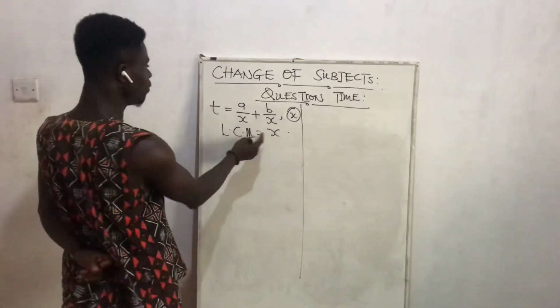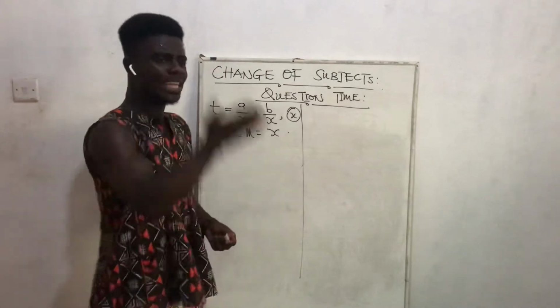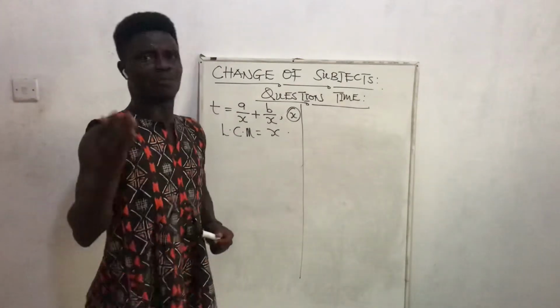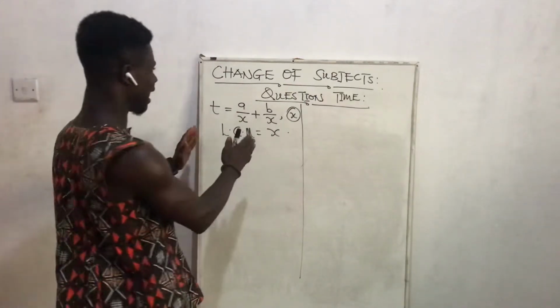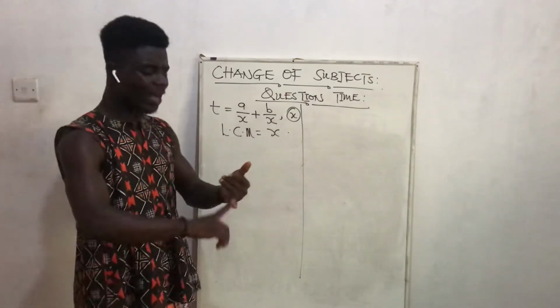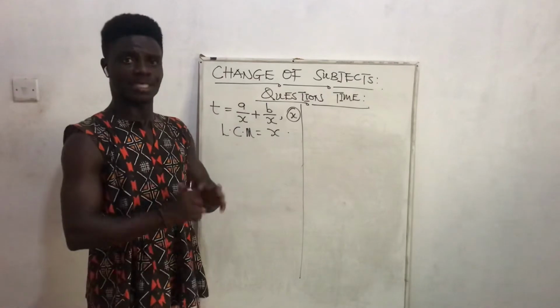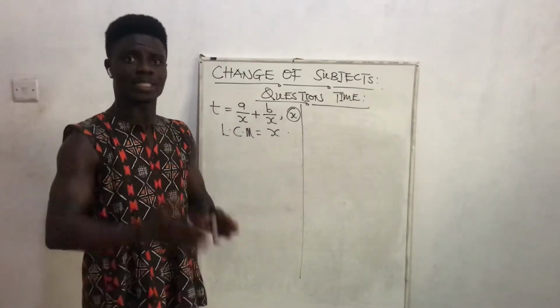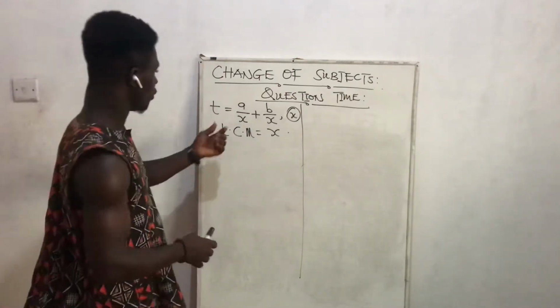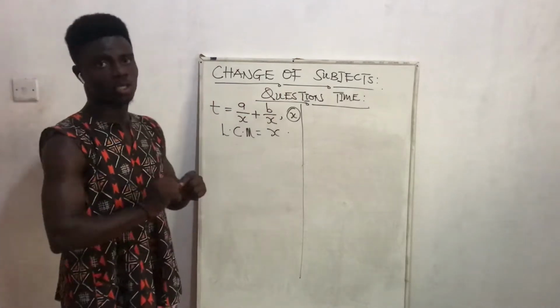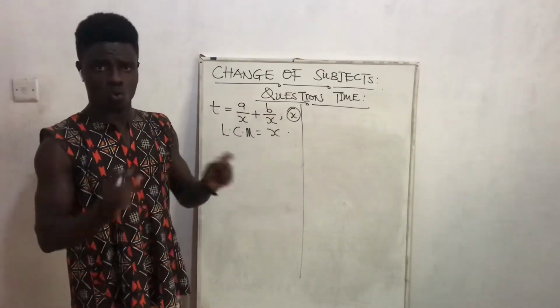So now, I use the LCM to multiply each of the terms. Don't forget, if you have something like this, please identify the terms first, and you take the LCM, then use it to multiply each term. In order for this denominator to be cancelled or to go away.